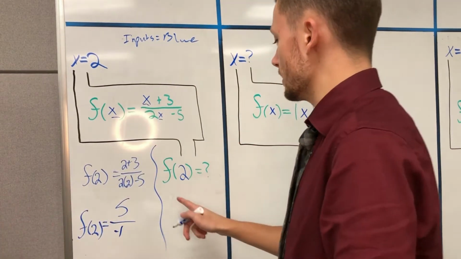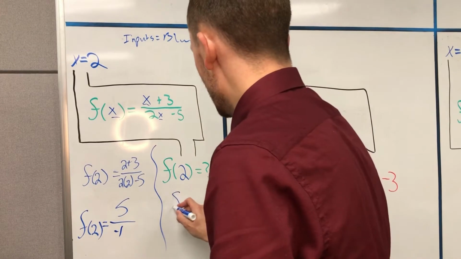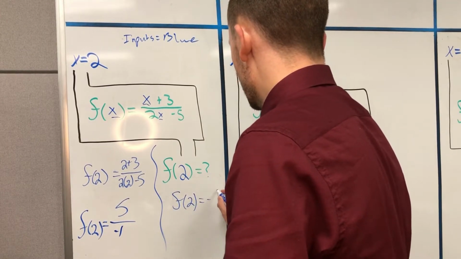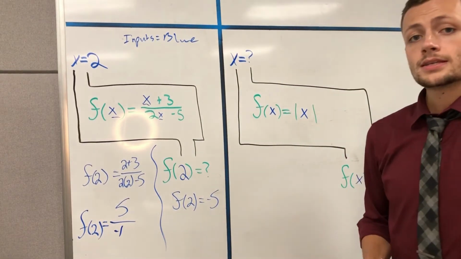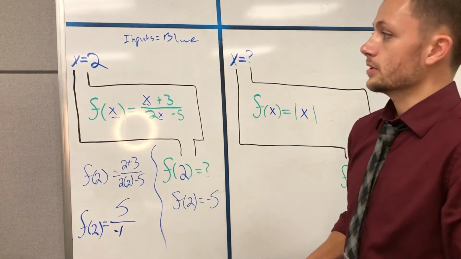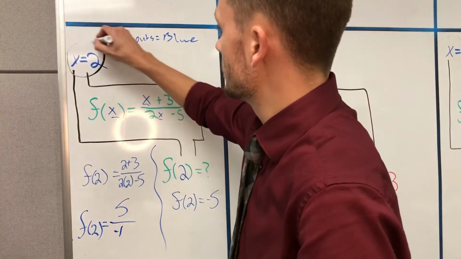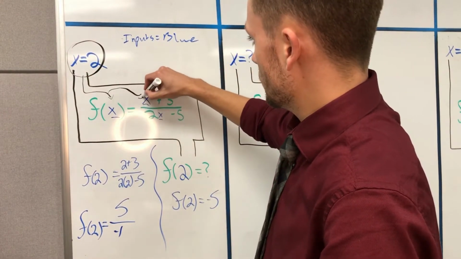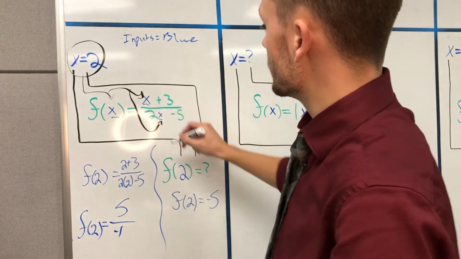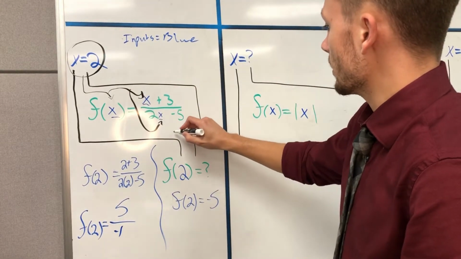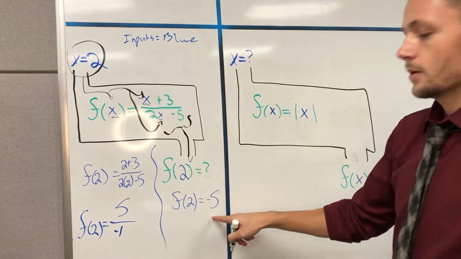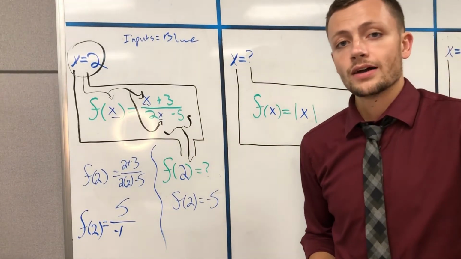So 5 divided by negative 1 is negative 5. So f of 2 is negative 5. Note that we took our inputs, ran them through the machine, plugged them in everywhere they needed to be, and what we got out of it was f of 2 equals negative 5.